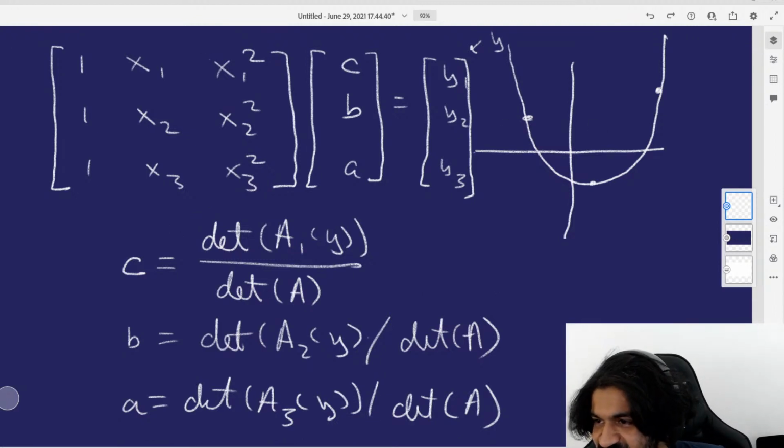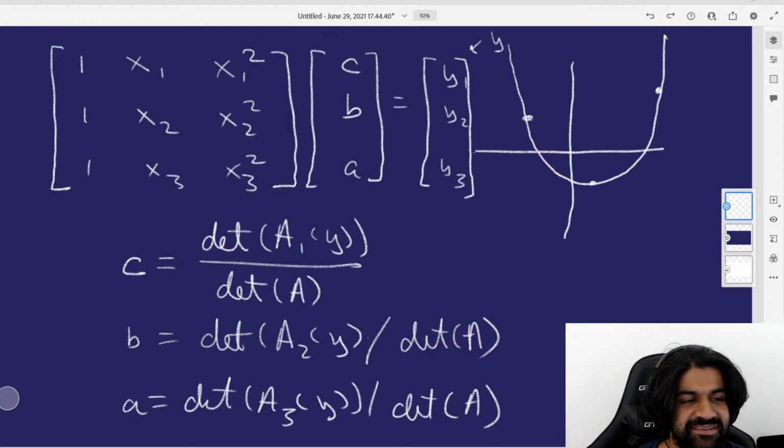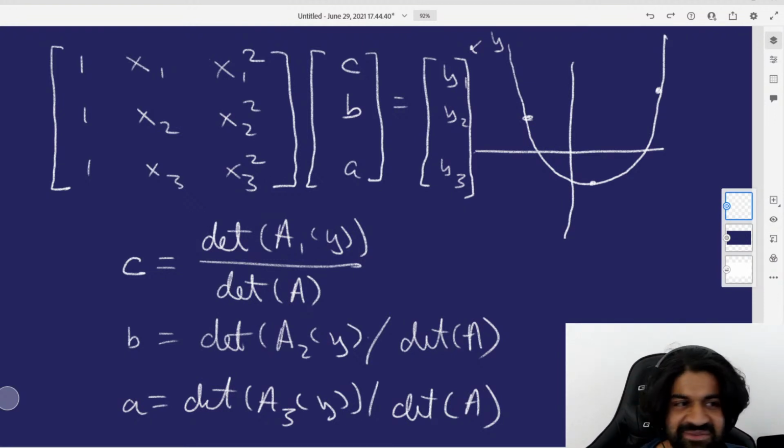Yes, drive safe, Brian. As I pointed out earlier, you actually have formulas for the solutions for A, B, and C, right? And so what you realize is that A, B, and C will always exist as long as the determinant of A is not 0. That's precisely what Can't Commute said in the comments, right? So A, B, and C will exist precisely when the determinant of A is not 0.